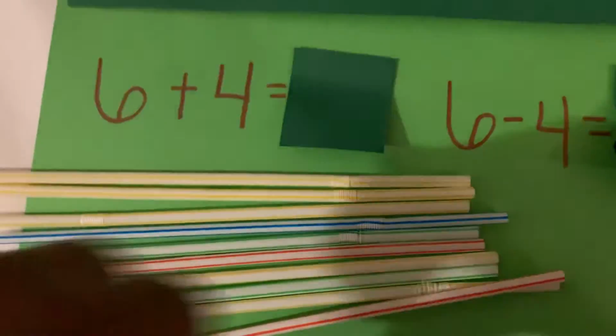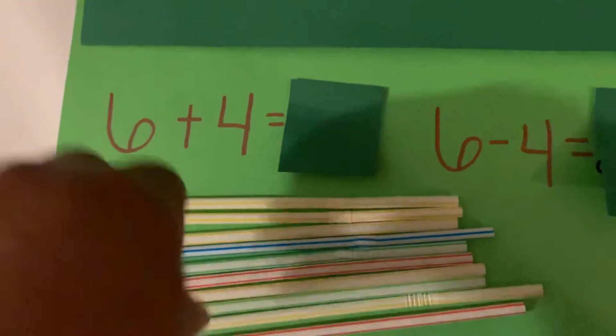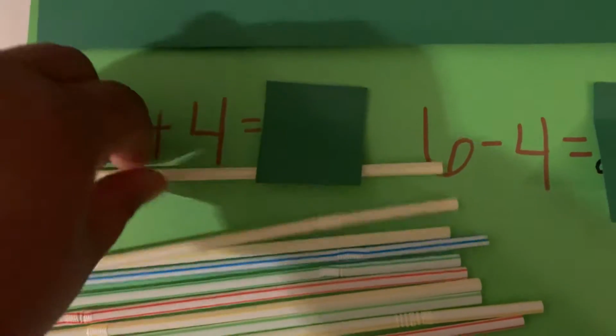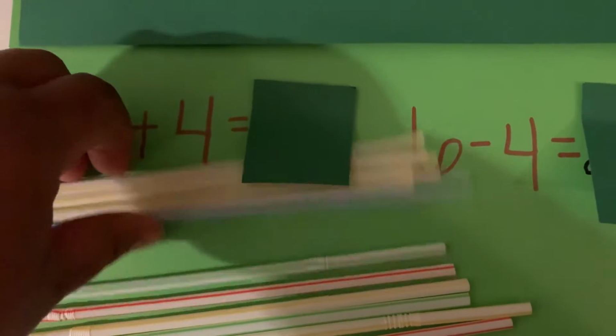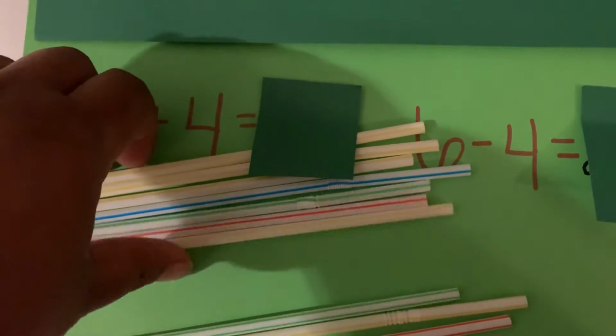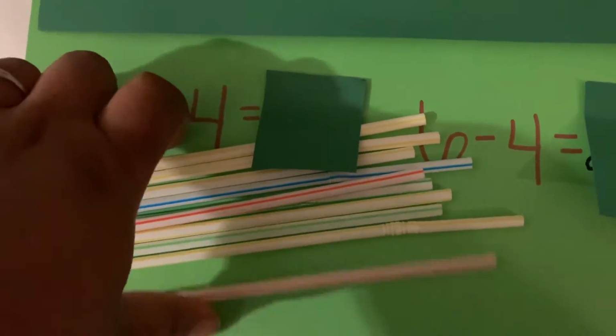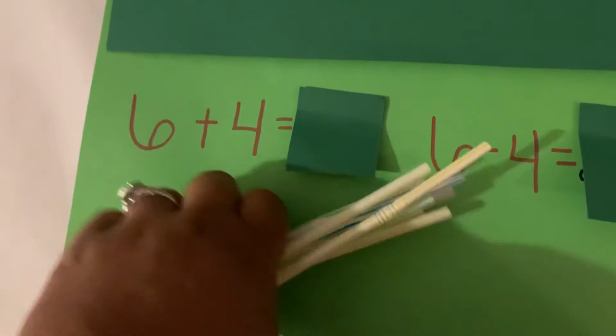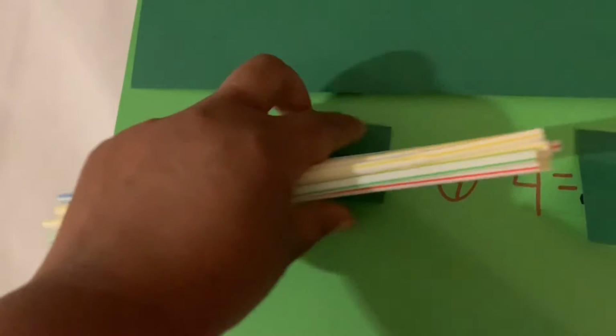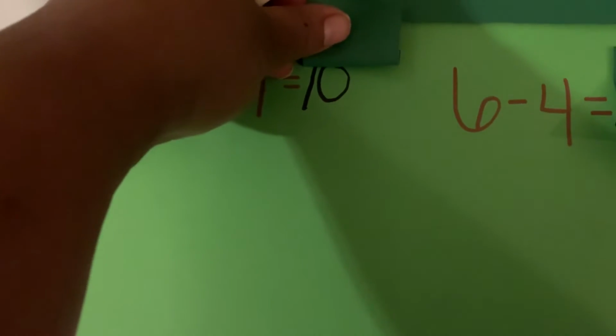So 6 plus 4 is going to be equal to how many straws we have. So let's count them. 1, 2, 3, 4, 5, 6, 7, 8, 9, 10. So 6 plus 4 gives us 10.